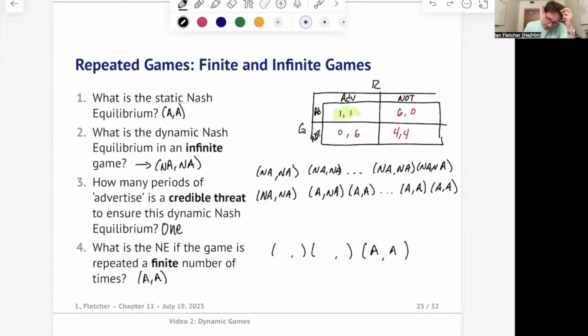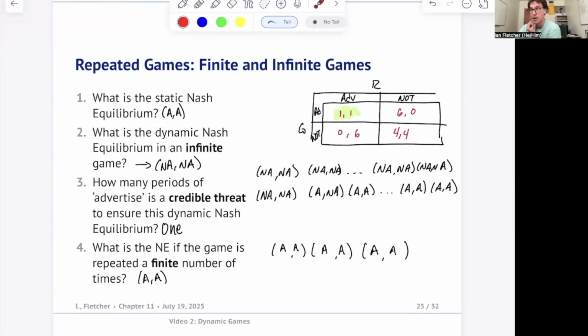But if we know that that person is going to play not advertise in that last round, then I'm just going to try to get ahead early. And the same person is going to think the exact same thing, and this is going to stem all the way back. And so we were going to be at AA from the get-go. And so the number of rounds also heavily influences the different patterns that we could have here, right?